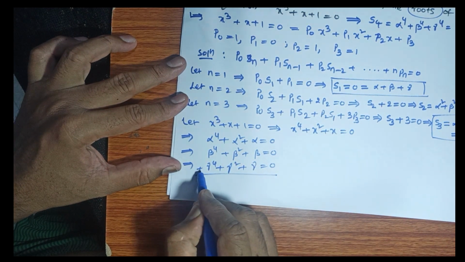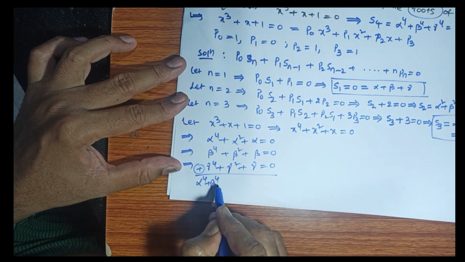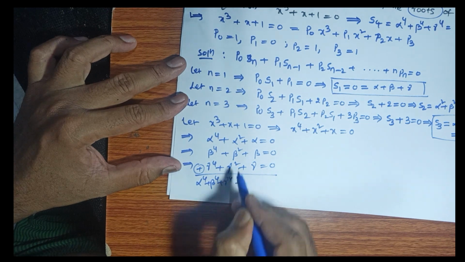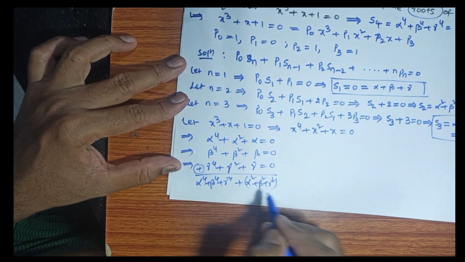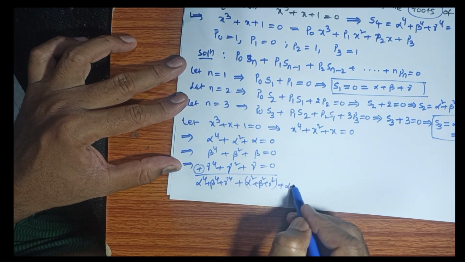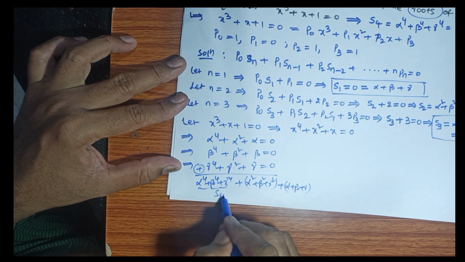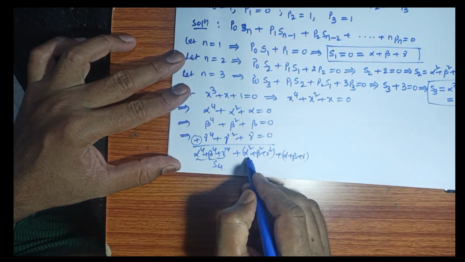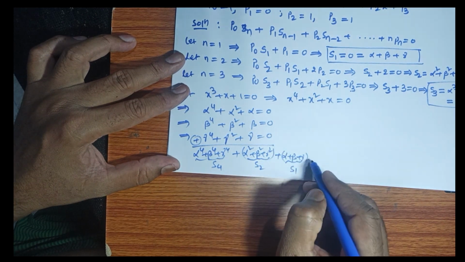If you add these three equations, you get alpha power 4 plus beta power 4 plus gamma power 4, plus alpha square plus beta square plus gamma square, plus alpha plus beta plus gamma. The first is S4, this is S2, and this is S1, and the sum is equal to 0.